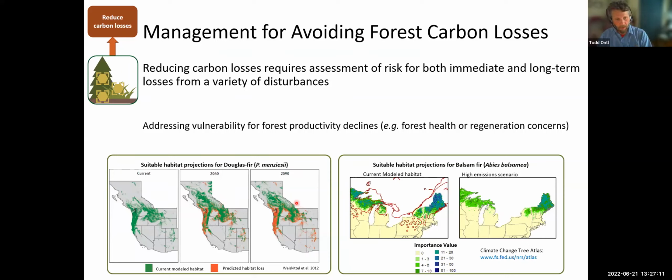That habitat is expected to shrink especially in some of the southern portions of its range, and maybe gain a little additional habitat in the northern portion of its range.